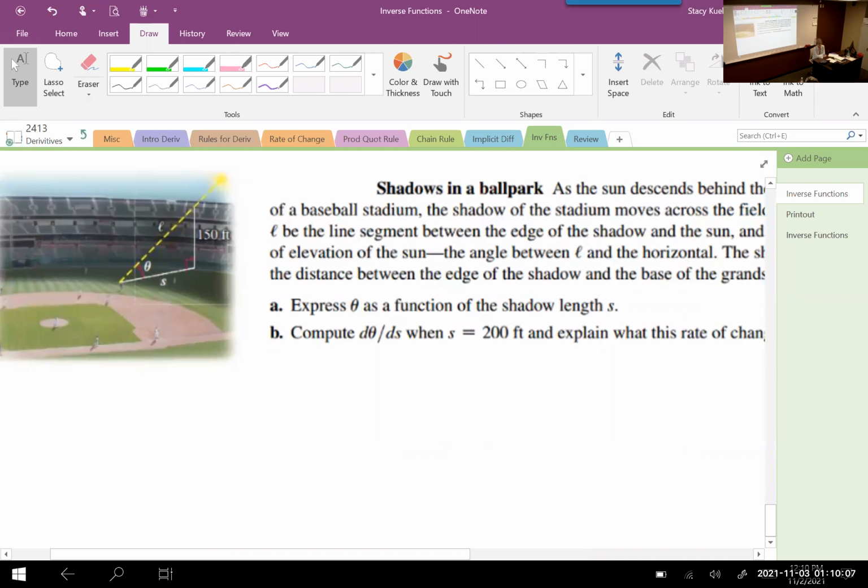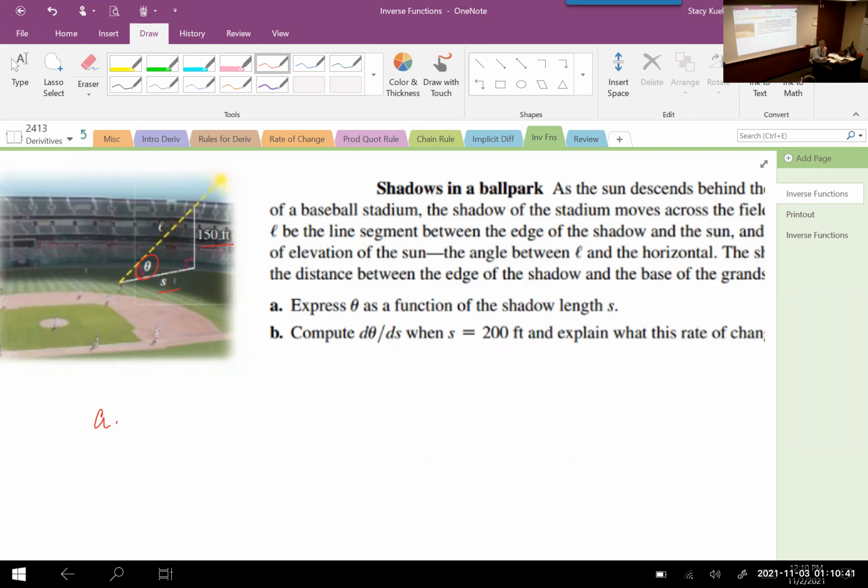Really, if I am trying to express theta as a function of the shadow length, then I can look at this and say, okay, well, I know 150, I know S, and I know theta. Technically those are the relationships I'm looking for here, the relationship between S and theta.